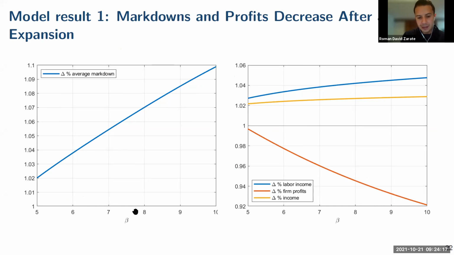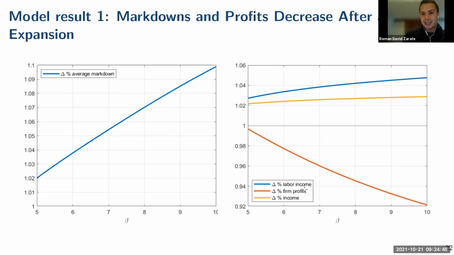When it is easier to substitute employers in the model, then the response of the markdown is going to be higher. Similarly, as it is easier to substitute employers in the model, when there are these shocks, there is going to be a higher increase in labor income, higher increases in aggregate income, and a lower decrease in aggregate profits.